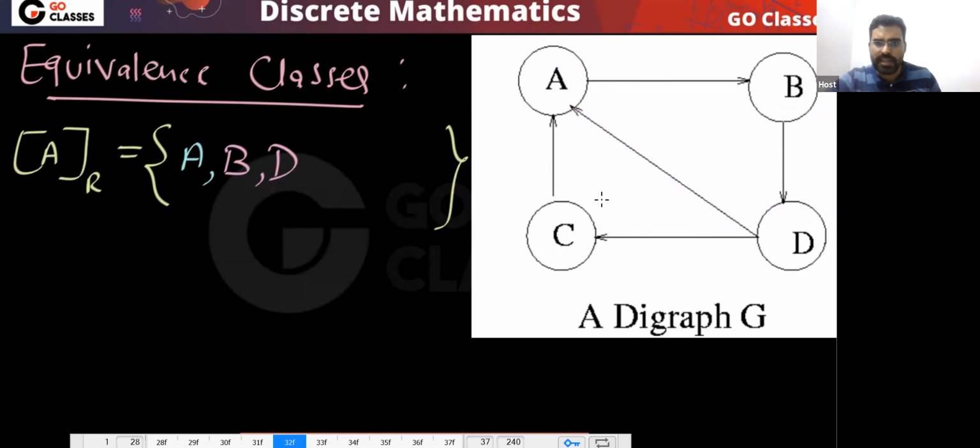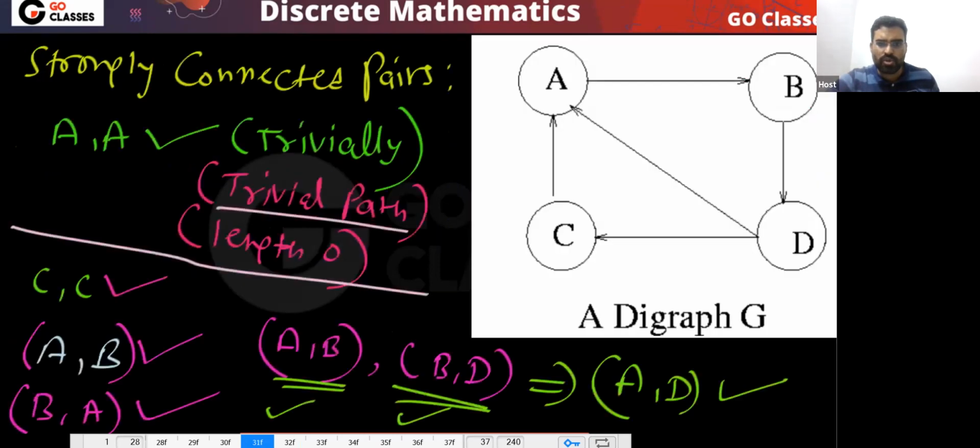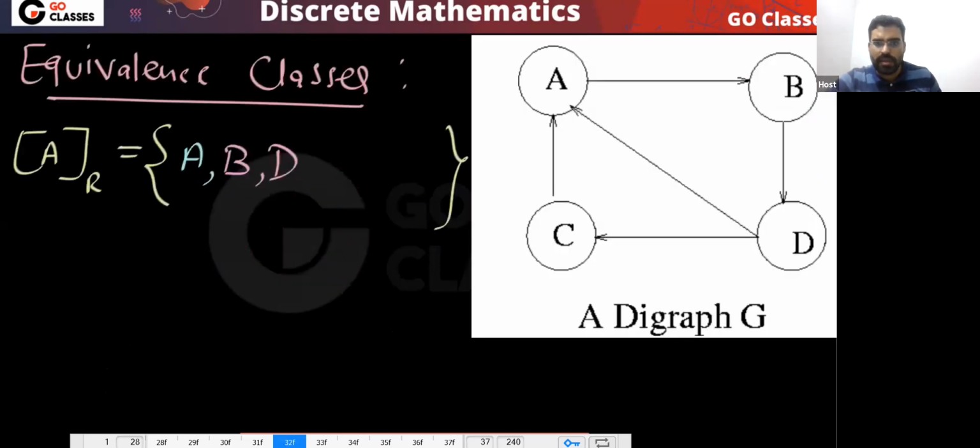What about C? Can I say A, C are strongly connected? Yes, you can notice they are strongly connected.